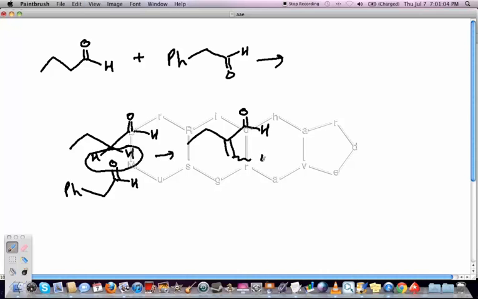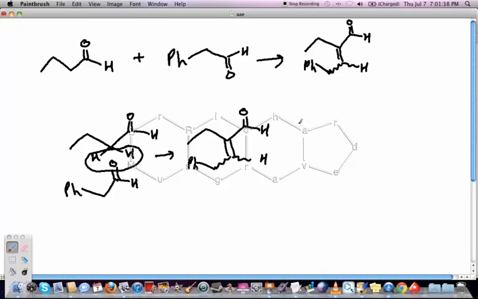And since we're going to end up with two different groups attached to each carbon from the double bond, then we're going to have cis and trans isomerism possible in this instance. So that's going to be one of the products, or if you like, two of the products if you're counting the fact that cis and trans. And let's look at how we might get the other one.